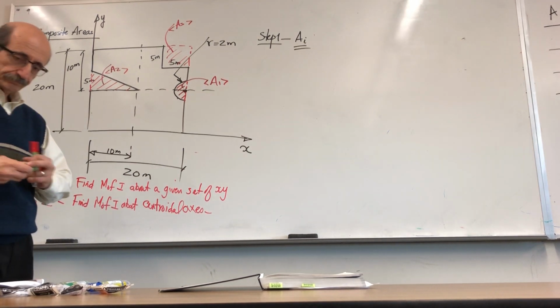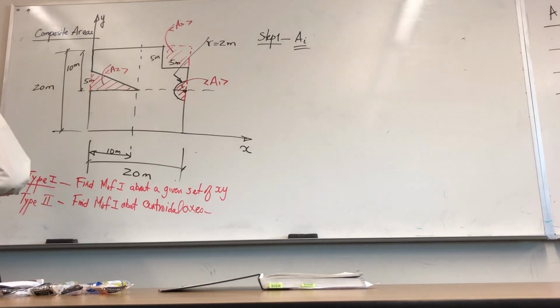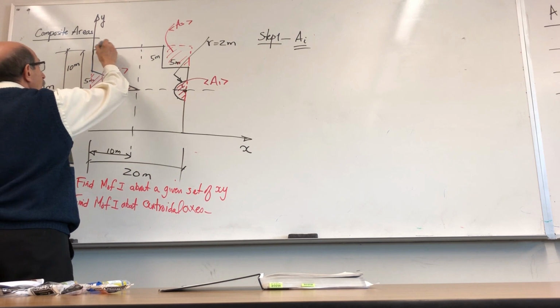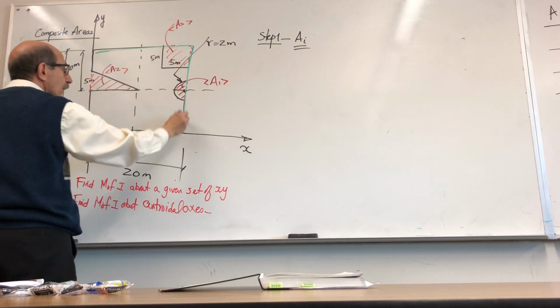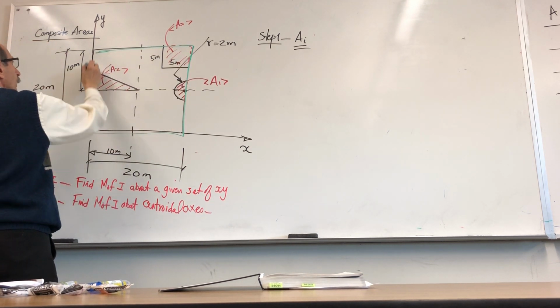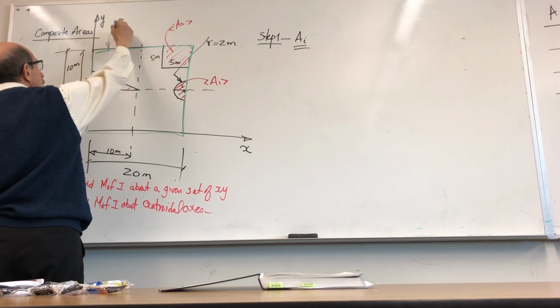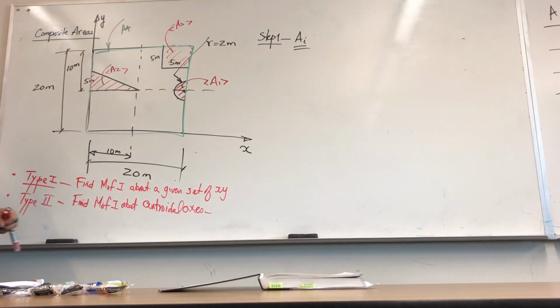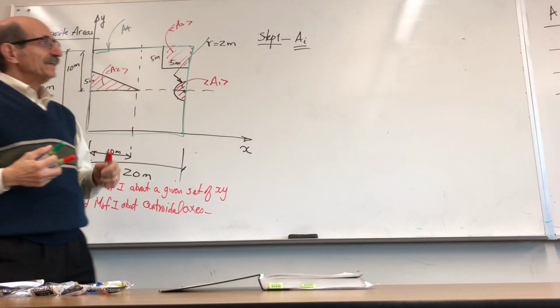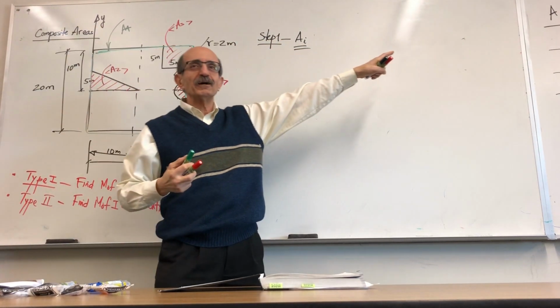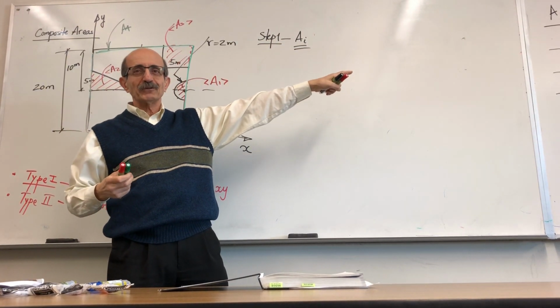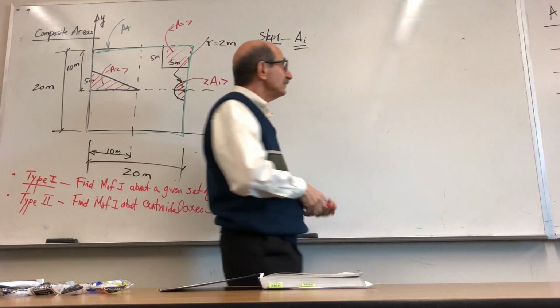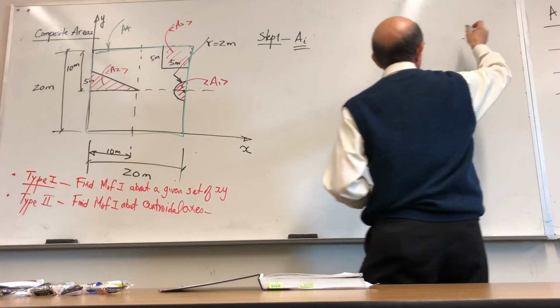So this would be area 4, okay? So that's step 1. What is step 2? Table, yes. To save time, I've already set up the table there. So that is step 2, okay?